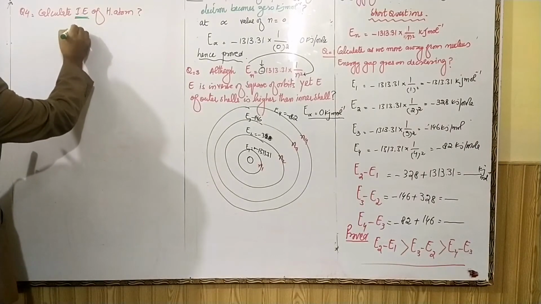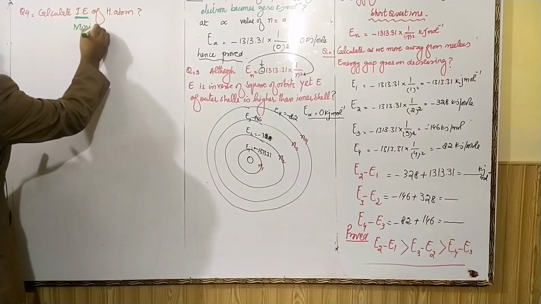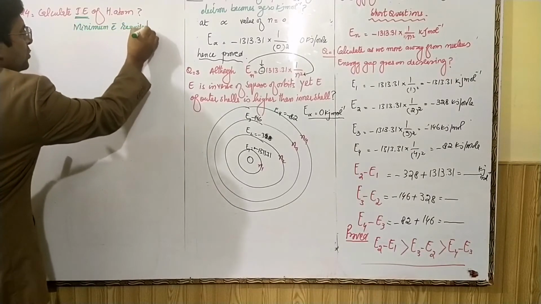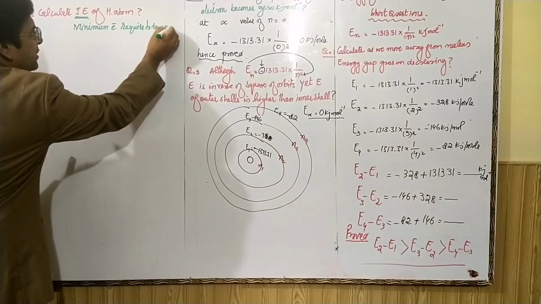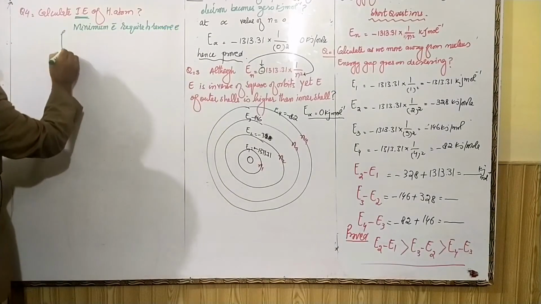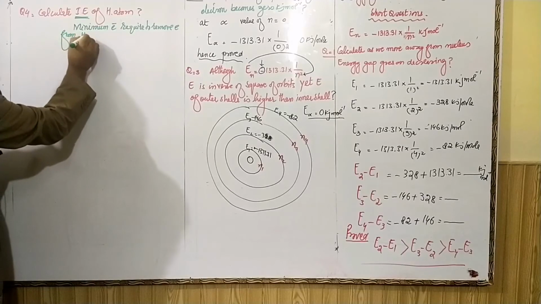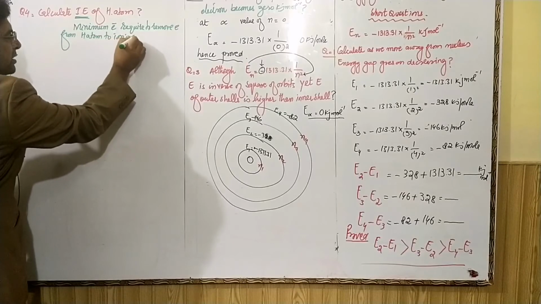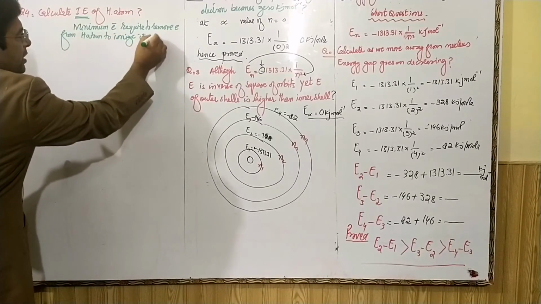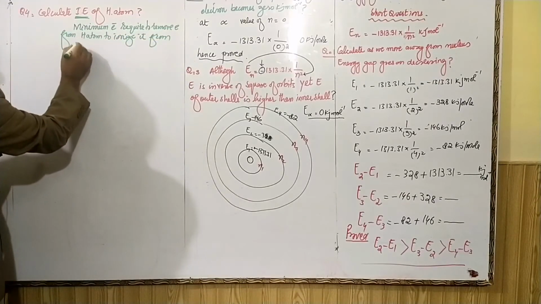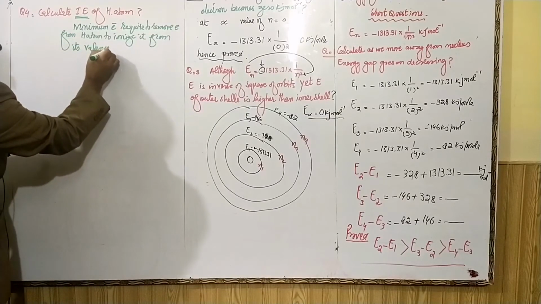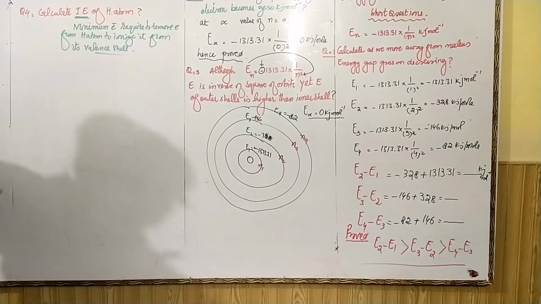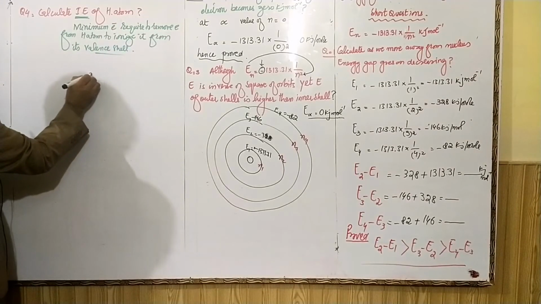It is minimum energy required to remove electron from hydrogen atom to ionize it from its valence shell. Hence, to calculate ionization energy, we have to remove electron from its valence shell.